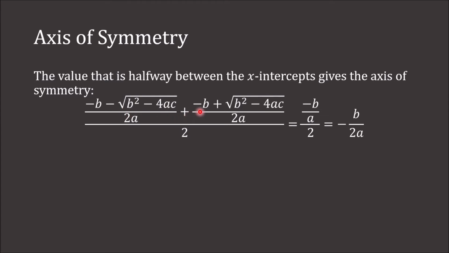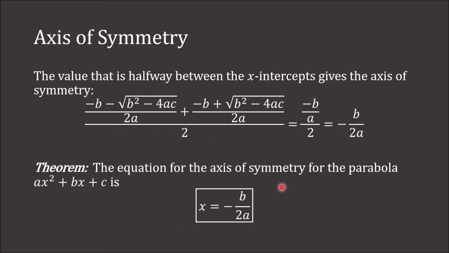The second one is negative b plus the square root of b squared minus 4ac all over 2a. To find the point between them, you take their sum and divide by 2. The square roots are going to cancel out, and we'll be left with negative 2b over 2a, which is negative b over a, all over 2. And so that is negative b over 2a, our equation for the axis of symmetry.